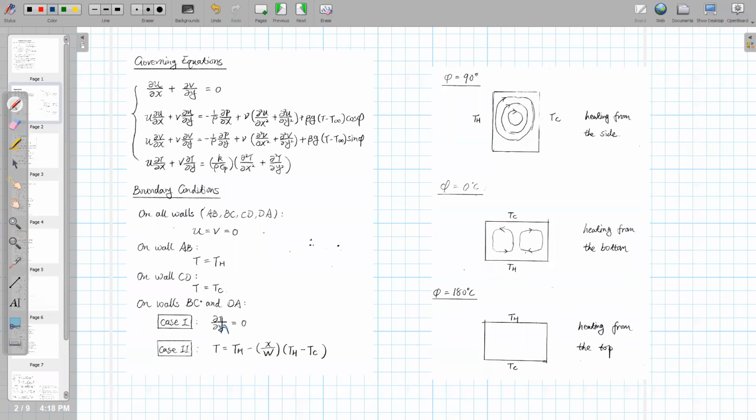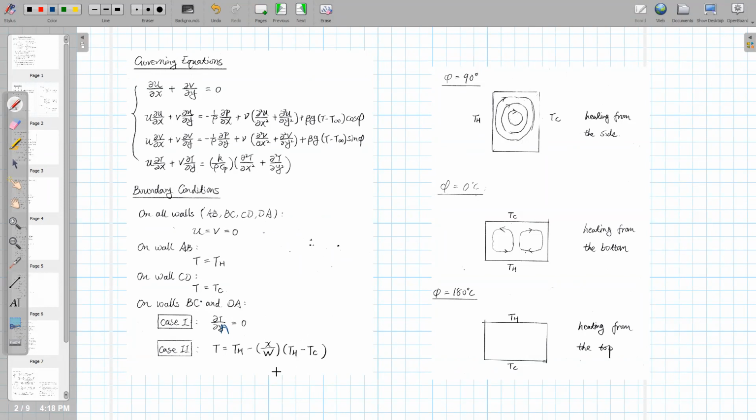For case 2, the walls BC and DA are thermal perfect conductors, and then the temperature will be linearly distributed along the x location. This will be the temperature distribution on these two side walls for case 2.